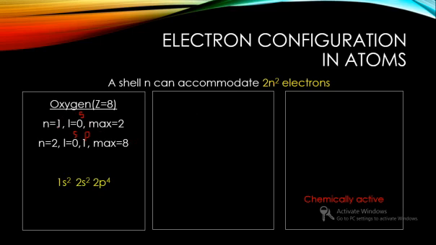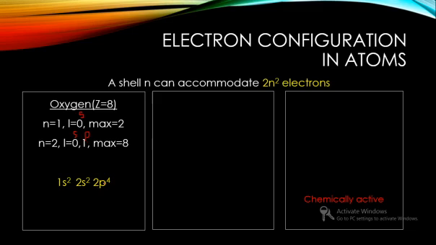Starting with the first orbit, 1s2, followed by the second orbit, 2s2, then followed by the p subshell, which belongs to the second orbit.